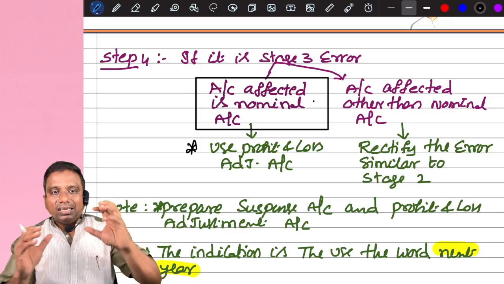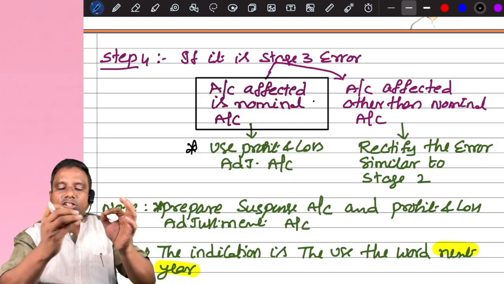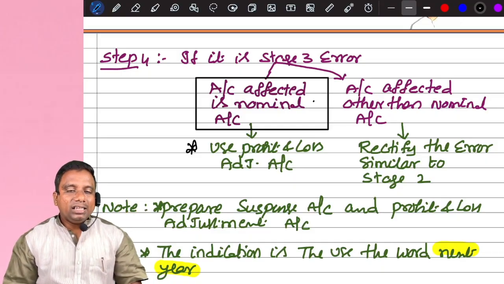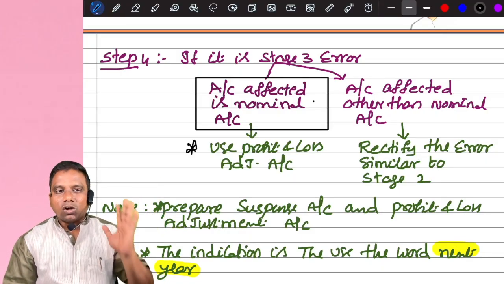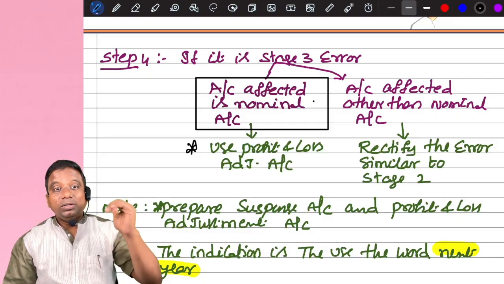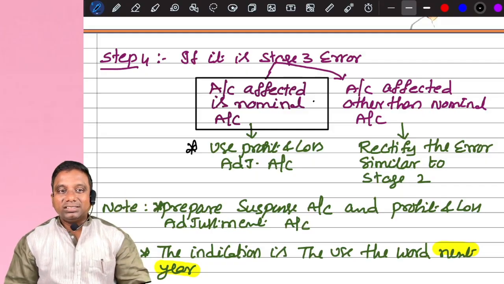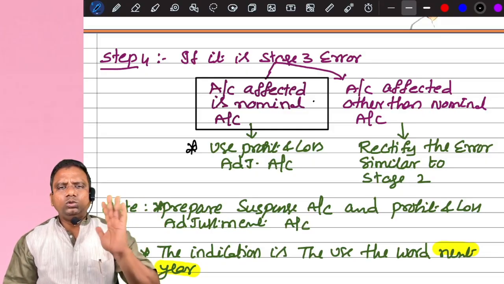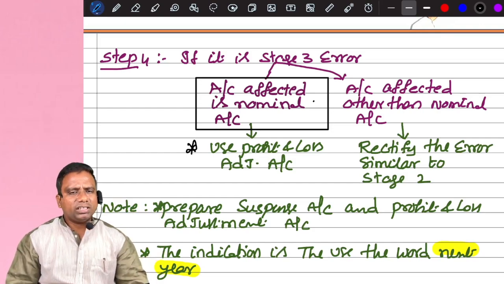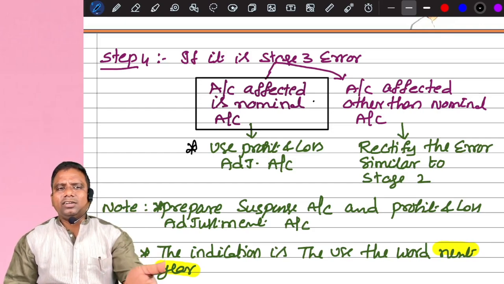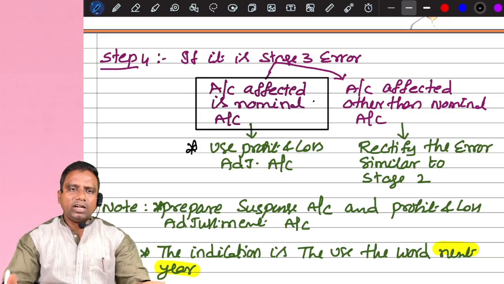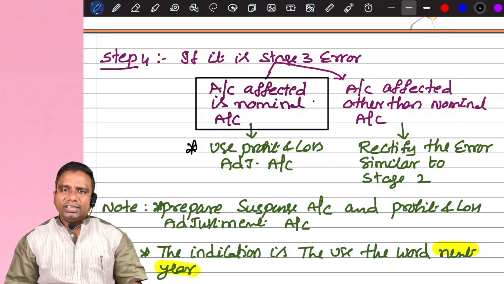Suppose salary account is debited 1000 rupees short. Salary account debited 1000 rupees short means now we have to debit salary account, but salary account is a nominal account. So in the place of salary account use the word profit and loss adjustment account. And ultimately the other account is what? Suspense account, because we have only one account affected.